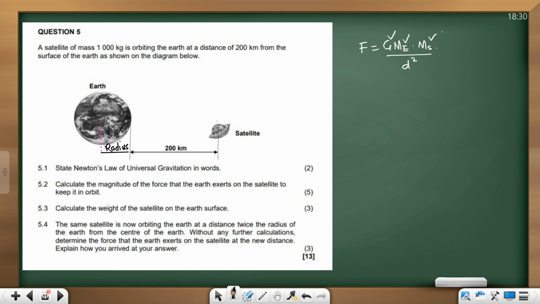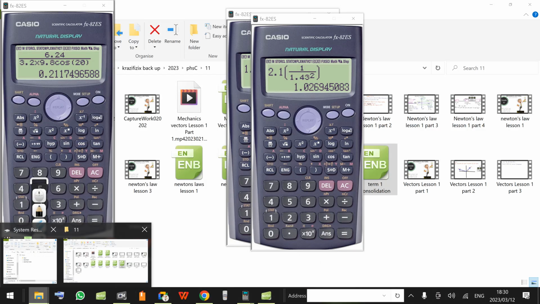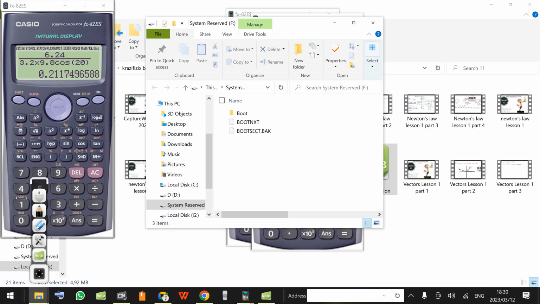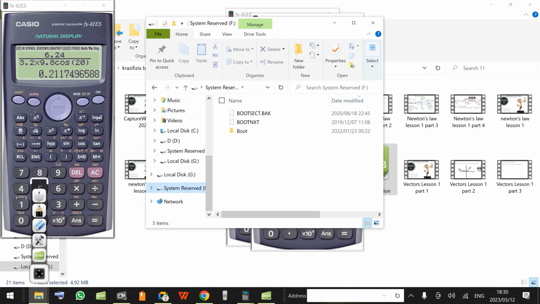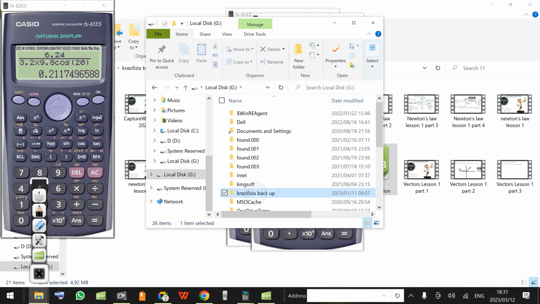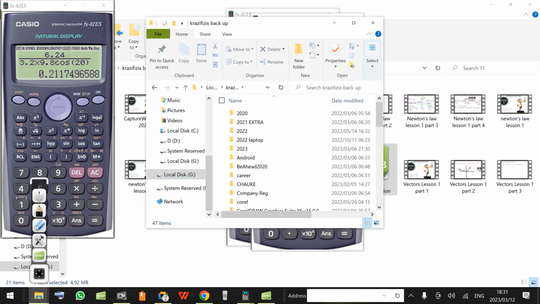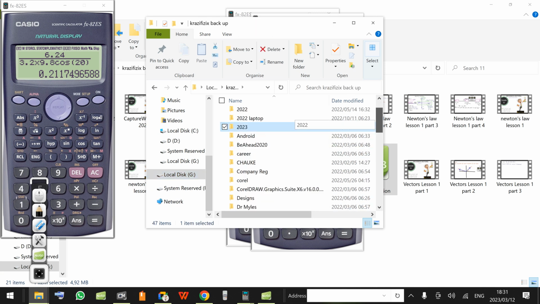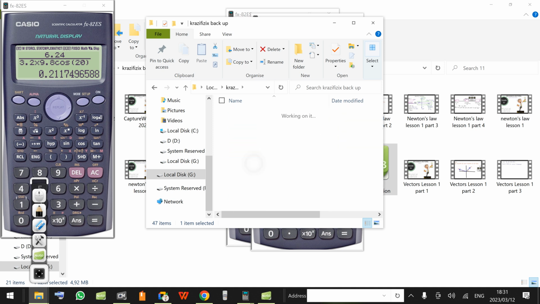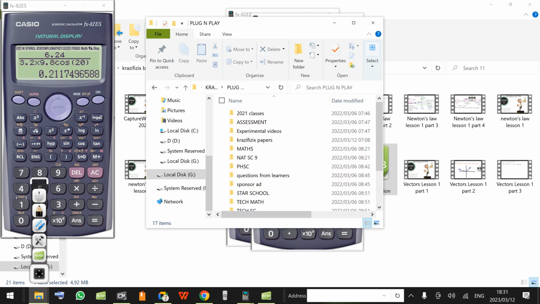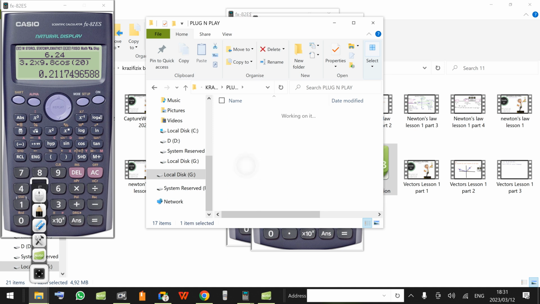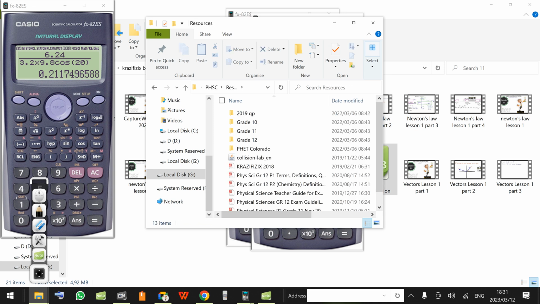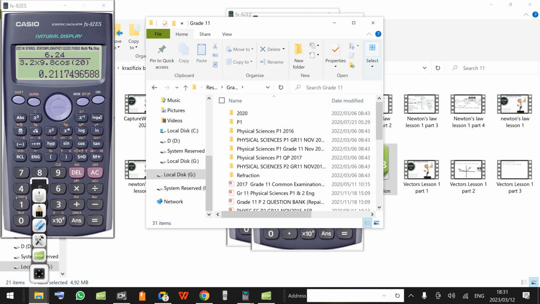Let me see if I can pull out a formula page so that we see where to get that from. Physics, resources, grade 11.